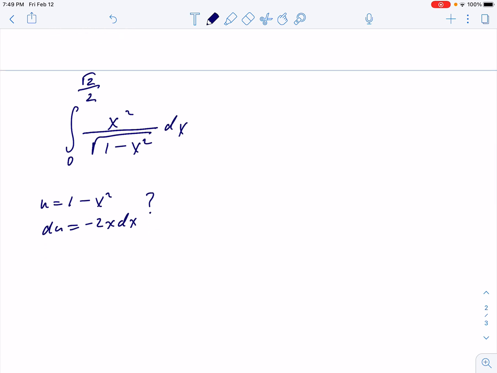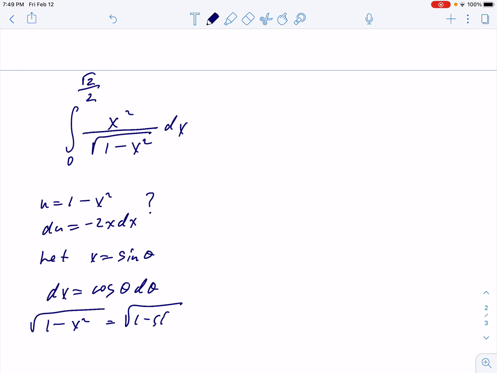And we take a trigonometric substitution. Let's put x to be sine theta or cosine theta, doesn't matter. Then dx will be cosine theta d theta. Excellent. What about the radical? Square root of 1 minus x squared will be square root of 1 minus sine squared theta, which will be square root of cosine squared theta, which will be cosine theta.